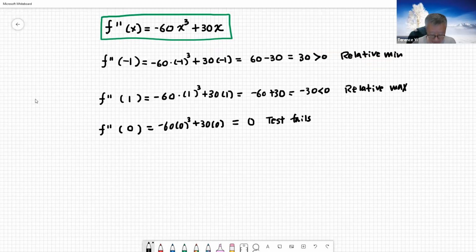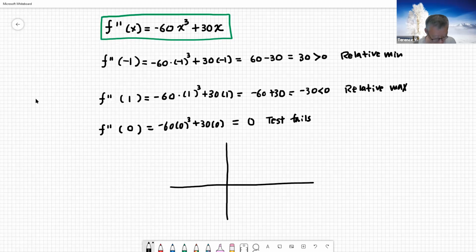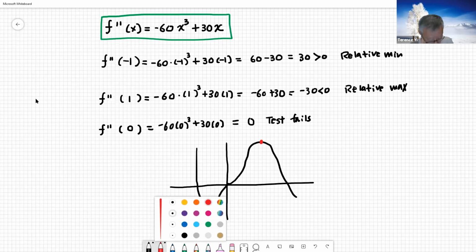So if I draw this function, this is the original function, not f double prime, but the original f of x. You will have a graph something like this, going up like this, coming down like that. So this is going to be a relative maximum.